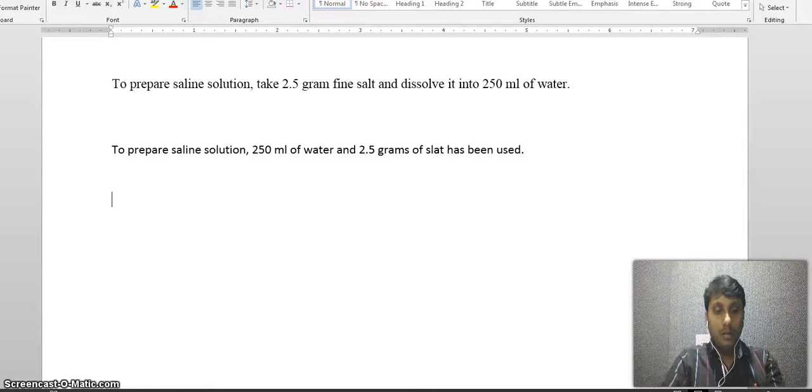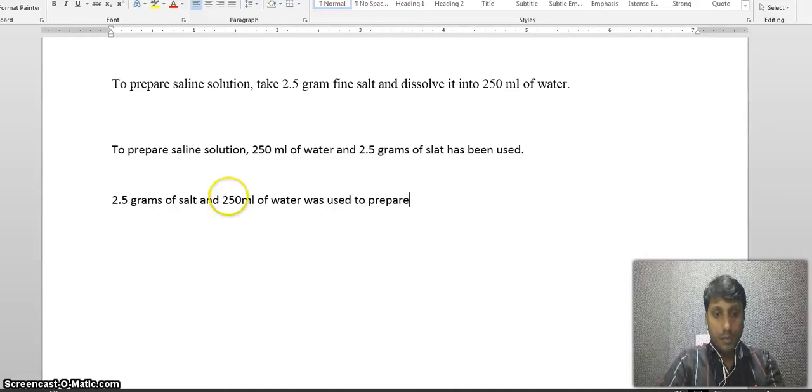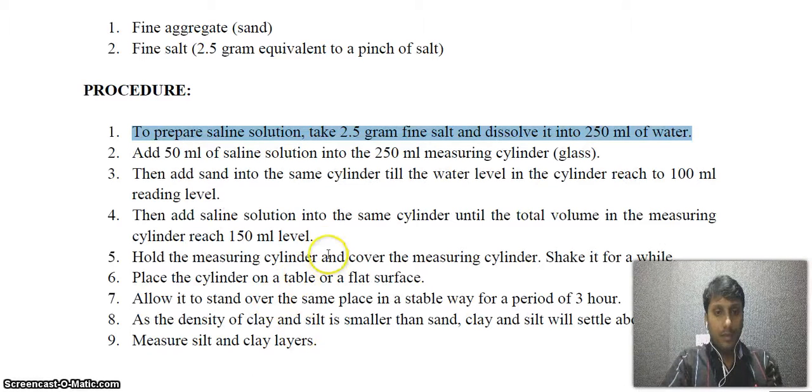Another way: 2.5 grams of salt and 250 ml of water was used to prepare saline solution. In this way you can write in different types, and you can add different things.